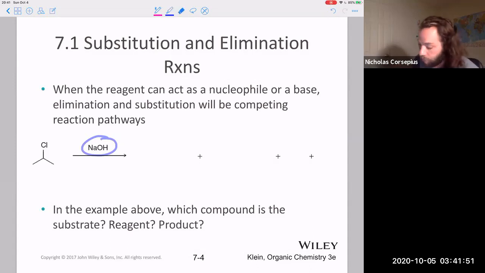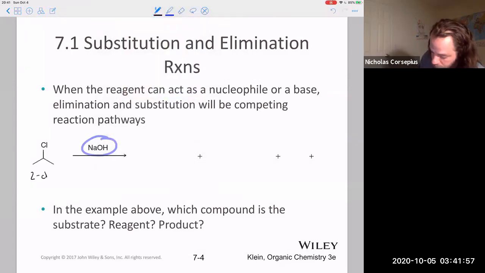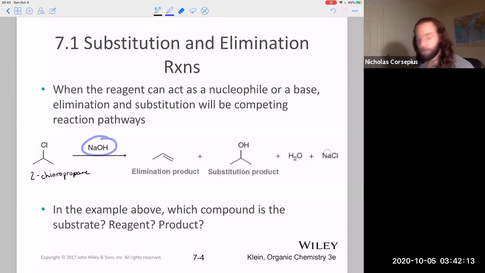And so what we're going to see is that these alkyl halides, for example, this would be 2-chloropropane, will undergo both an elimination and a substitution reaction with this substrate.